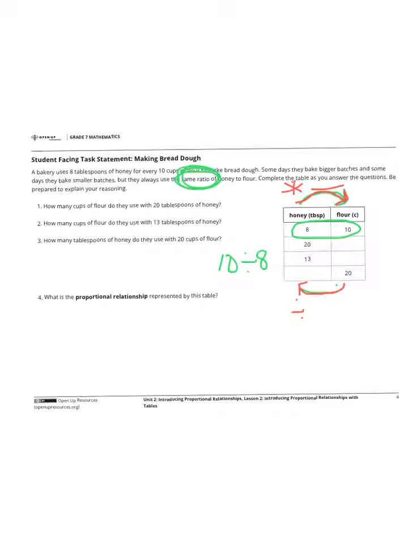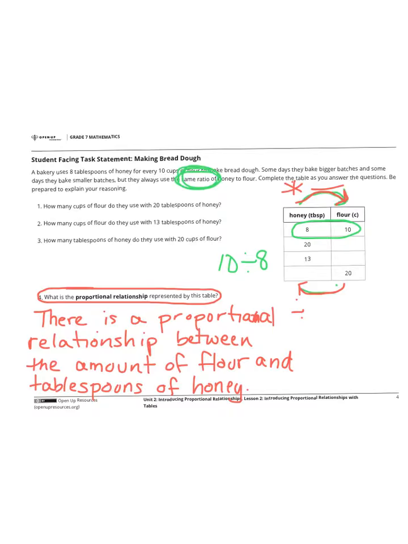And then as we get back together again, the question here says, what is the proportional relationship represented by this table? They're looking for you to put this into words. They want you to say something like, there is a proportional relationship between the amount of flour and the tablespoons of honey. We could say there's a proportional relationship between the amount of honey and the number of cups of flour.